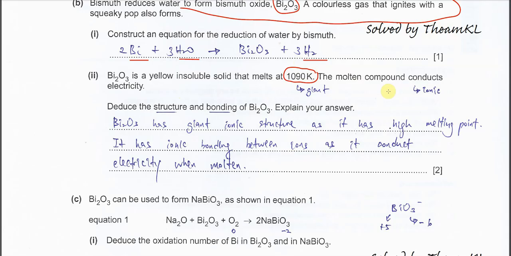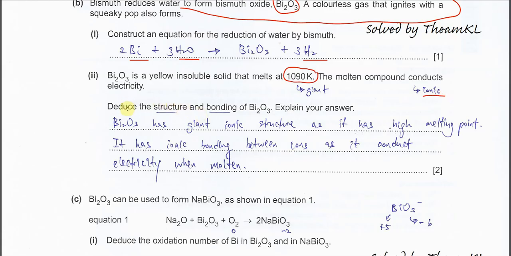So which means there are cations and anions inside this compound. Because after it melts, these cations and anions are free to move and conduct electricity. So it's telling you it is an ionic structure, or ionic bonding inside.